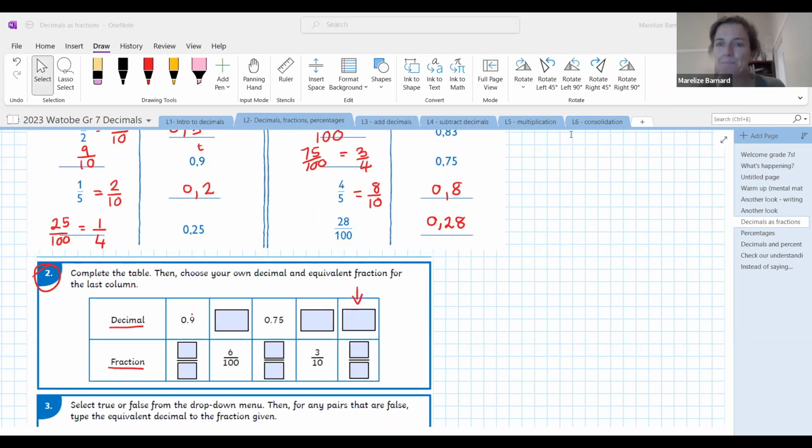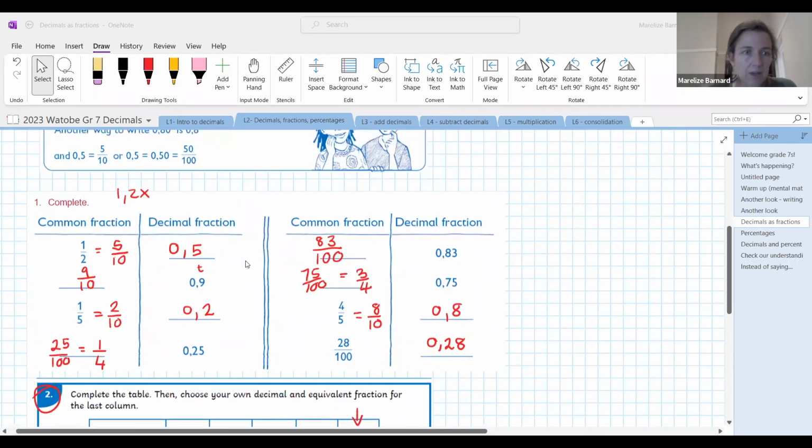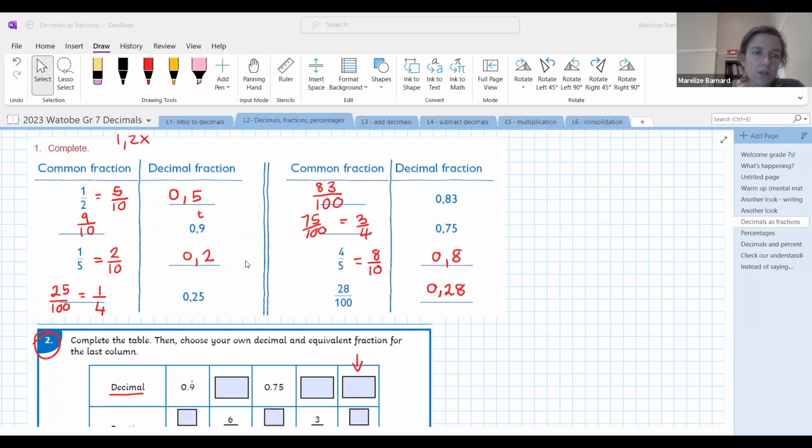Ma'am, I don't understand how you get from 1/5 to 2/10. Okay, so one way that we can do it: we're basically saying, if I have a fifth, how many tenths would that be?